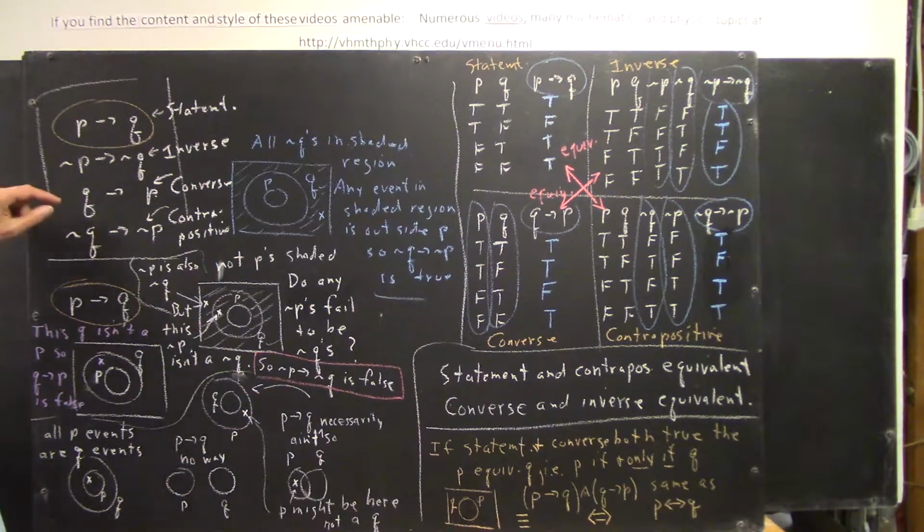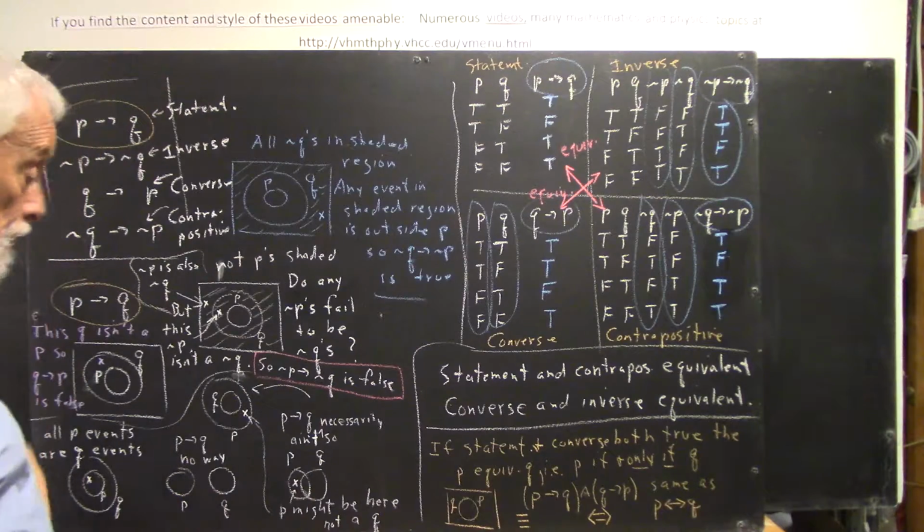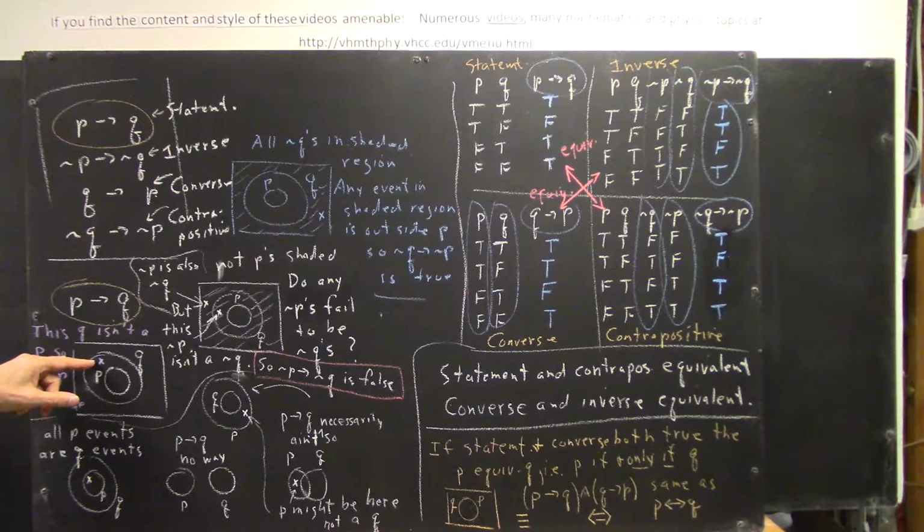Okay, what about if Q then P? Well, we come back to the purple comment now. The purple X represents a Q that isn't a P. So we can't say that if it's a Q, it's a P. So if Q then P would be a false statement in this case.